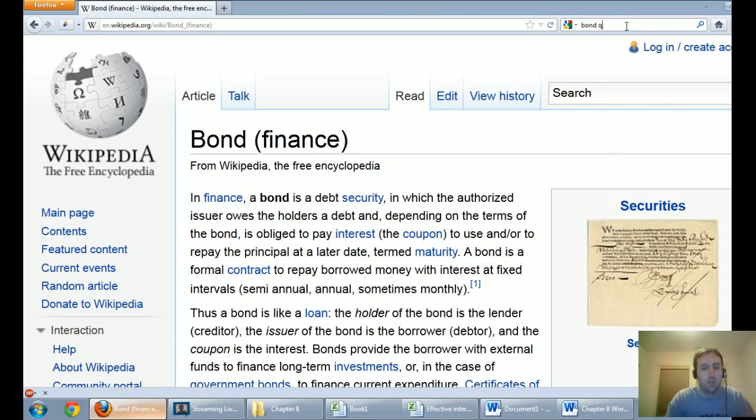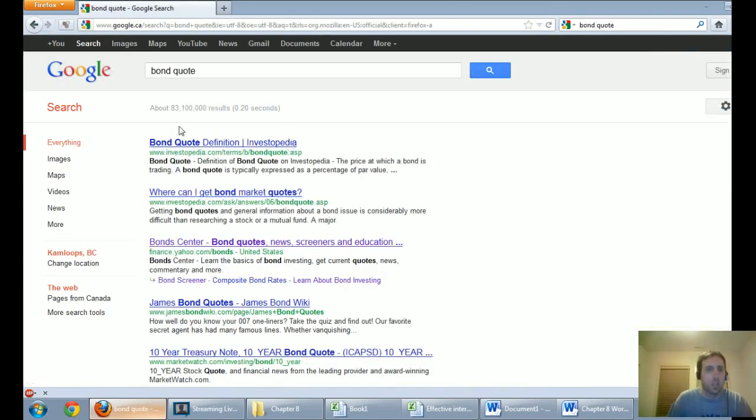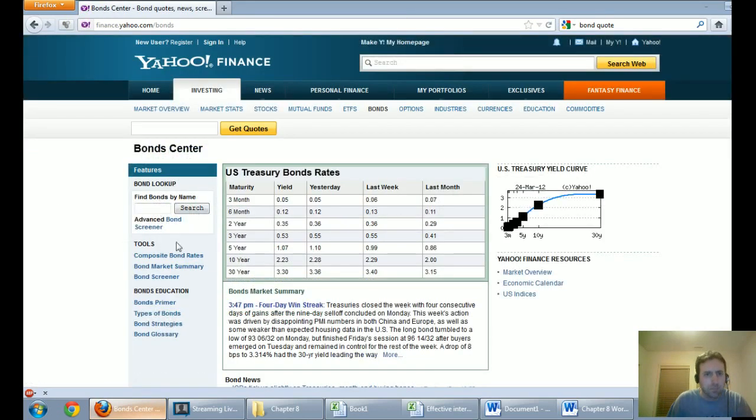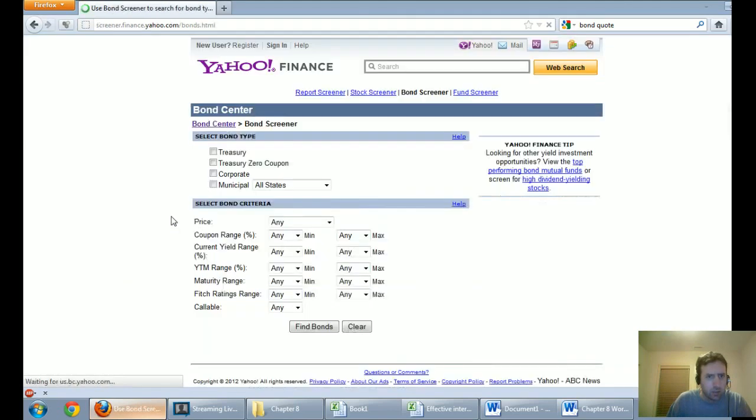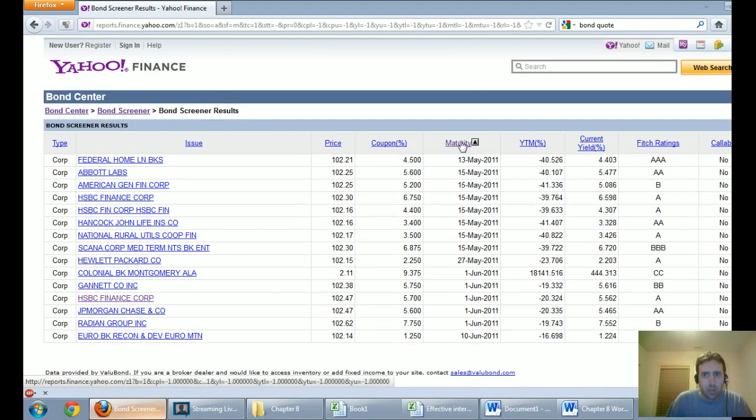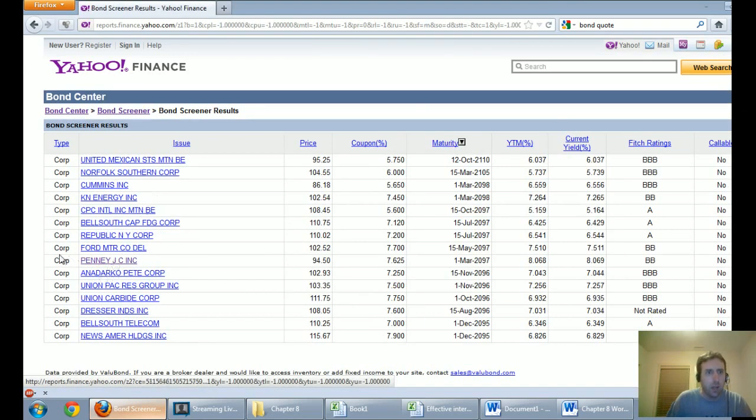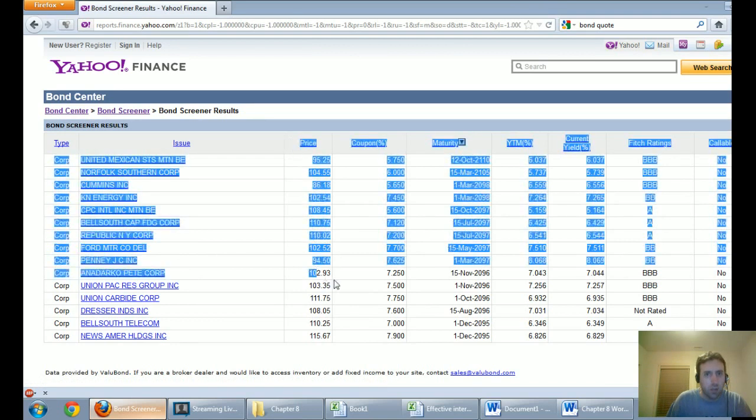and look up a couple of bond quotes, let's see, Bond Center on Yahoo Finance. Let's just go quickly and look up a corporate bond. So the one I highlighted here was JCPenney. You can see their bond quote right there under the price.